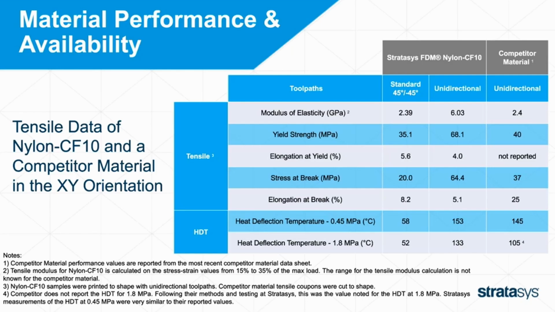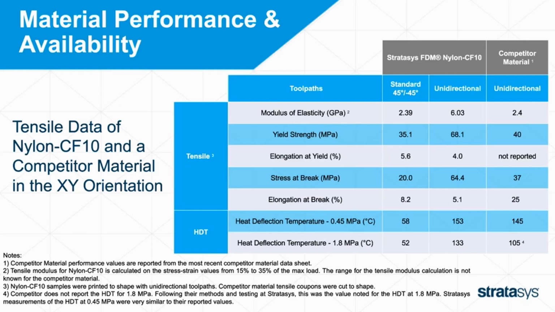For the heat deflection temperature at 0.45 megapascals, the competitor's material data sheet reports 145 degrees Celsius, which is less than that of the nylon CF10 with the unidirectional tool path, which is 153 degrees Celsius. The competitor does not provide the performance for the HDT at the higher pressure, 1.8 megapascals, but Stratasys tested their material on their machine at that higher pressure.